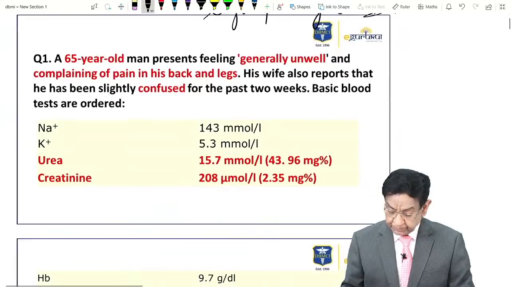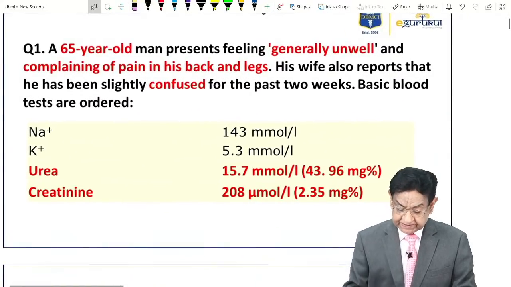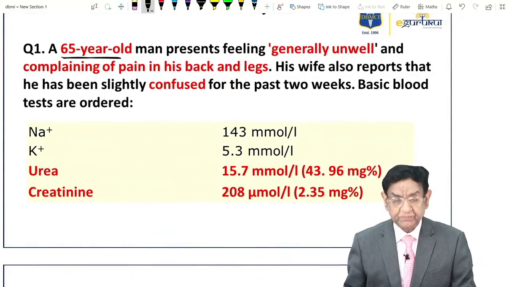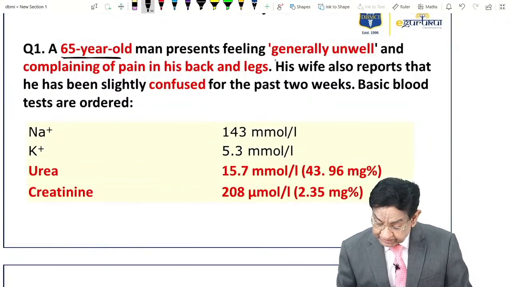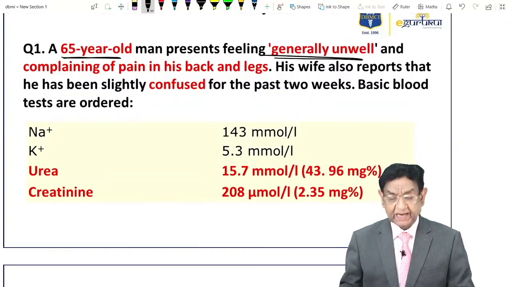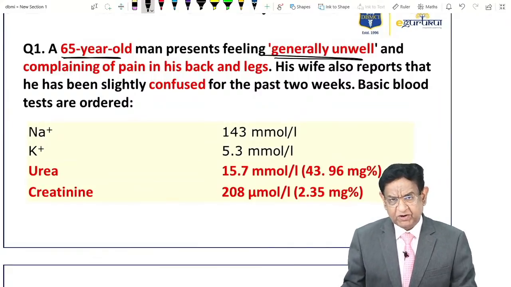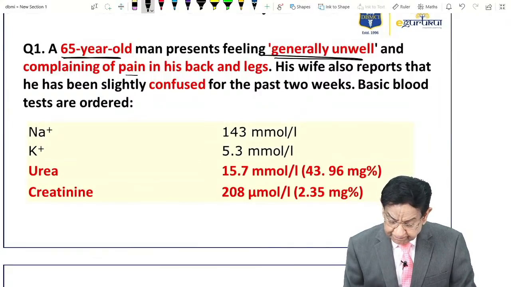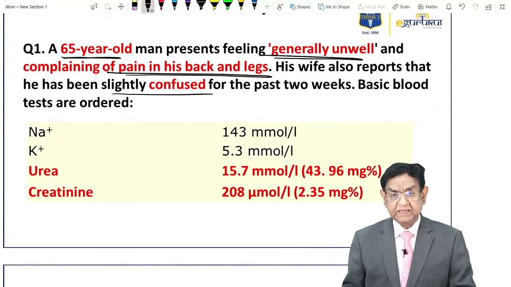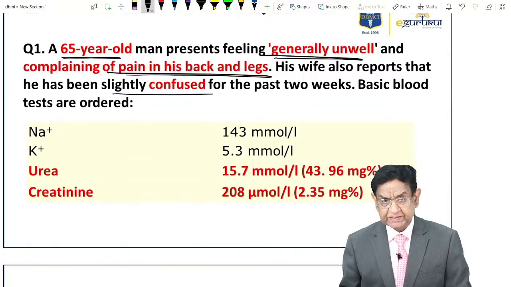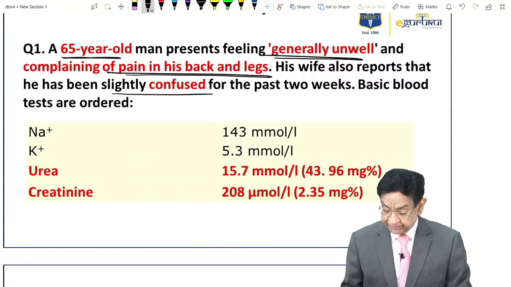Okay, so we have a 65-year-old, an elderly man, so now we have relevance. He comes with feeling generally unwell, not feeling well, doctor, pain in the back and the leg, and he has been slightly confused for the last few days as told by his wife.